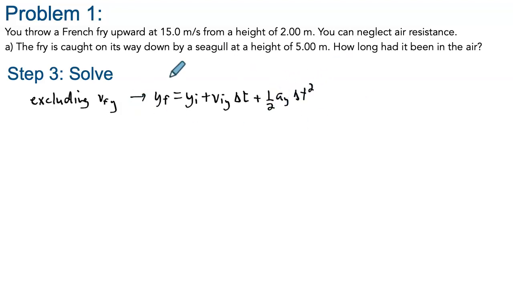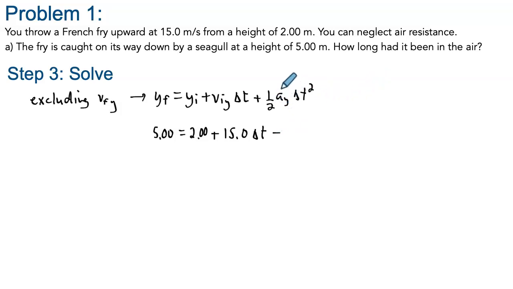So we already have all that information, so it's just about plugging the values in. Y final will be equal to 5 meters, the y initial will be equal to 2 meters. The v initial is simply equal to 15 meters per second. Delta t unknown. And then we have the 1/2 a_y.